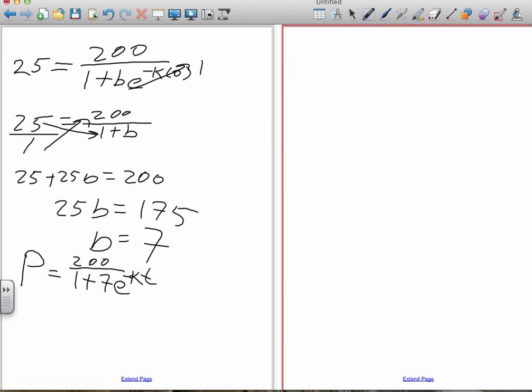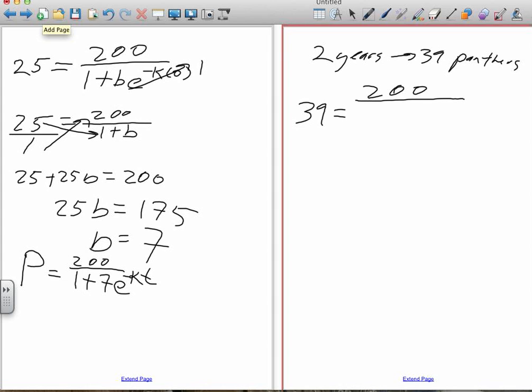So now we come back in, and we know that at 2 years we had 39 Panthers. Okay, so 39 is going to equal 200 over 1 plus 7 e to the negative 2k. I plugged in my 2 for that. All right, same idea here.